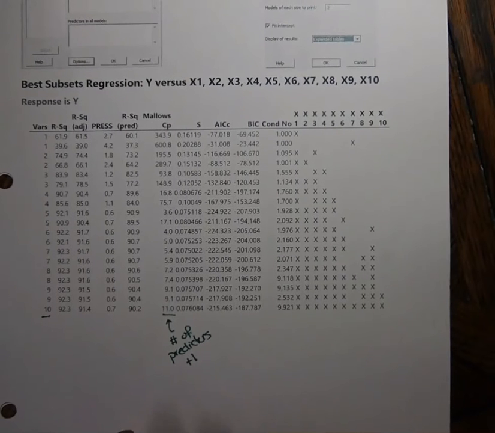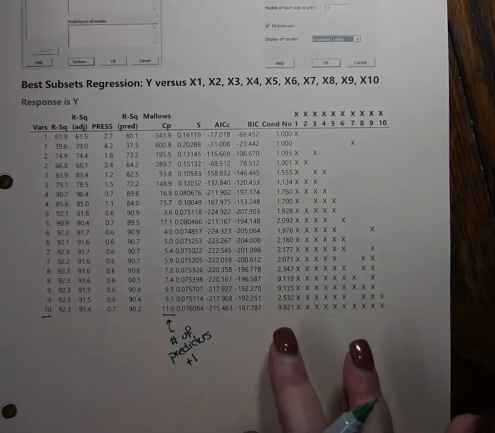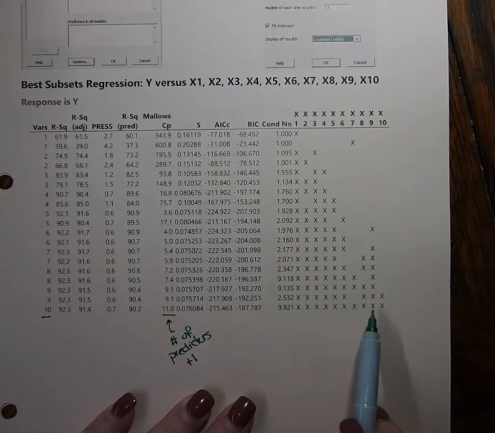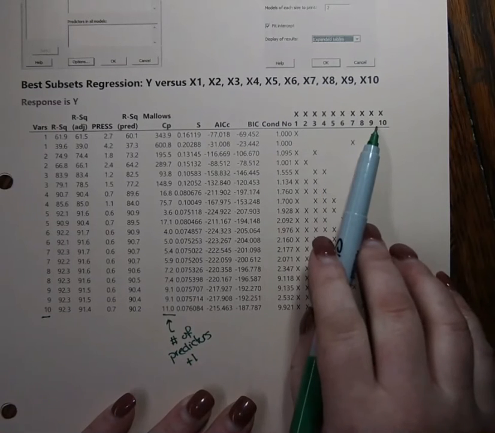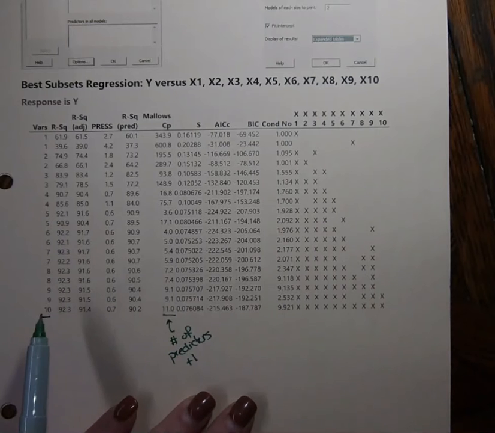So looking through here, let's look at how to read this output. What the all subset regression, or subset selection, does is it starts out down here with all 10 variables. Notice if we look at this part of the output here, we have X's under all 10 variables. Next, it says, okay, what if we're just going to include 9 of those variables in the model?